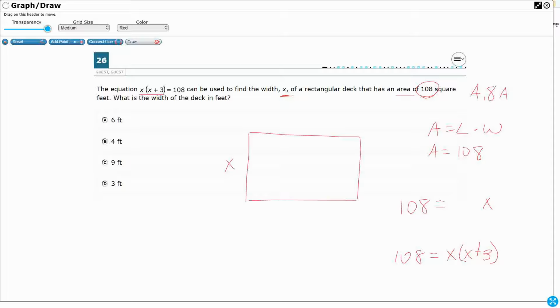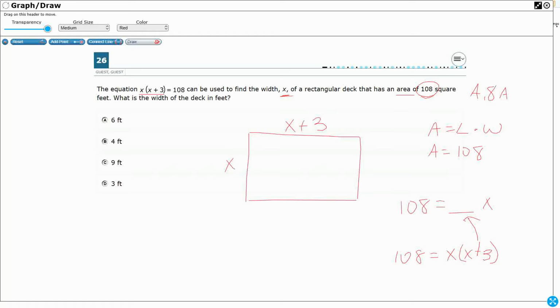Well, guess what that means? That missing length has to be this x plus 3. So they don't come out and tell you, but with the equation they give you, they let you know. Since you find the area by length times width, and since the width is x, and the equation x times the quantity x plus 3 can get you there, x plus 3 has to be the length.